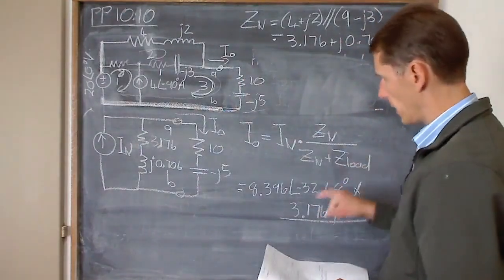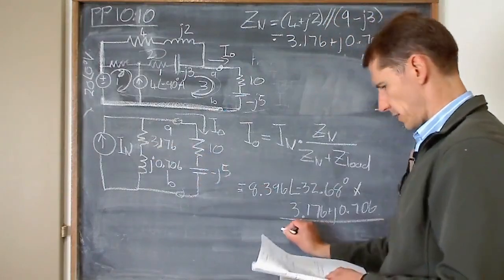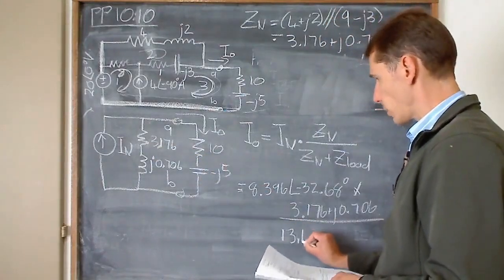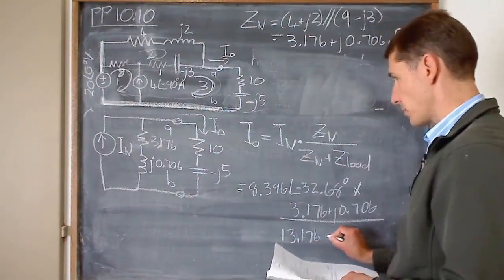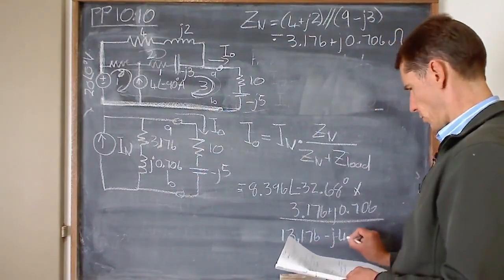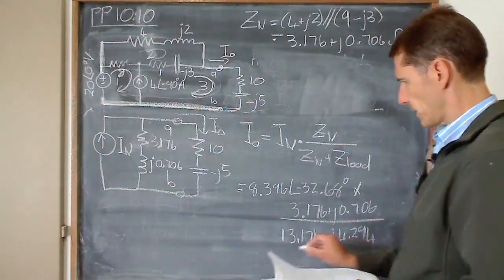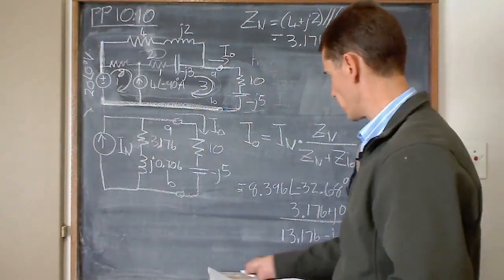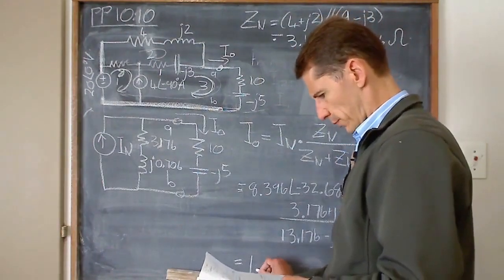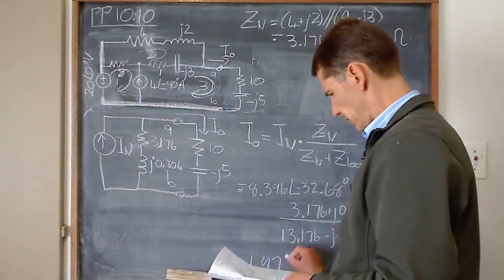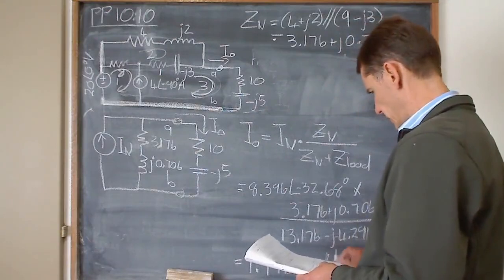And if you add the load impedance to that impedance, the 3 and the 10 gives me 13.176, and the minus J5 with the J0.706 gives me a minus J4.294. And then your final answer here for I out equals 1.97 angle minus 2.1 degrees amps.